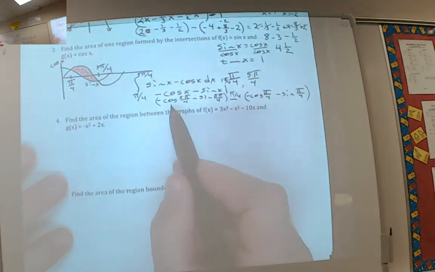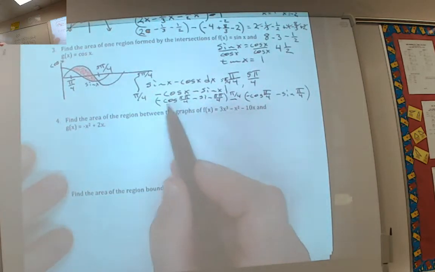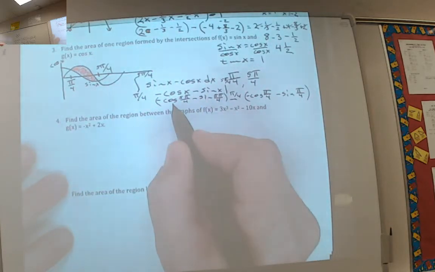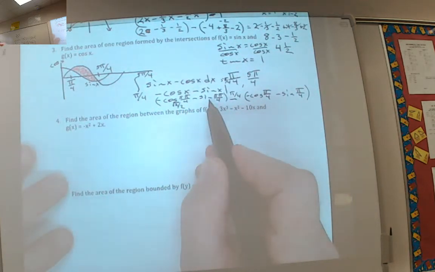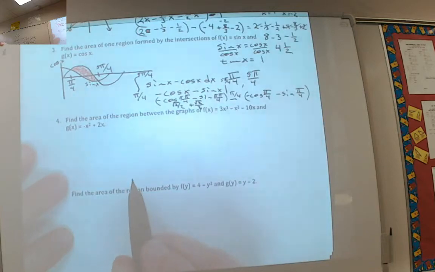So what is the cosine of 5 pi over 4? Negative square root of 2 over 2. And since this is a negative, it's going to make it square root of 2 over 2. So you said this was negative, correct? So this will be a plus. Would you agree with that?